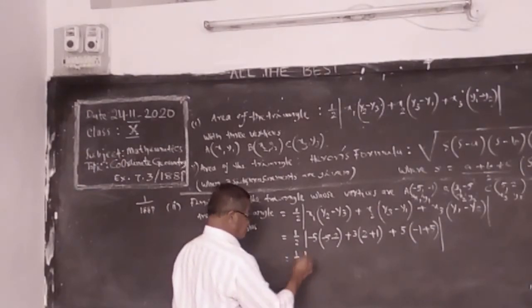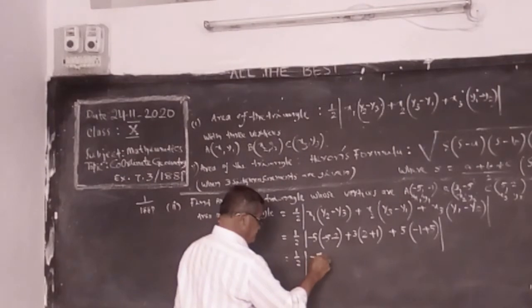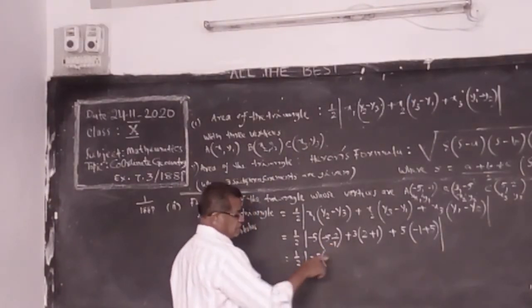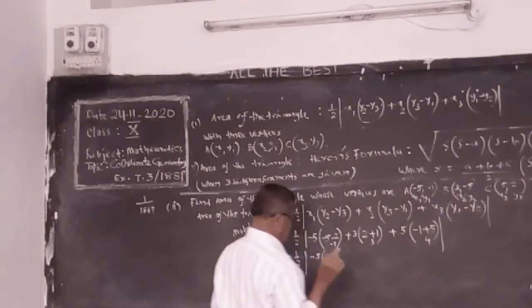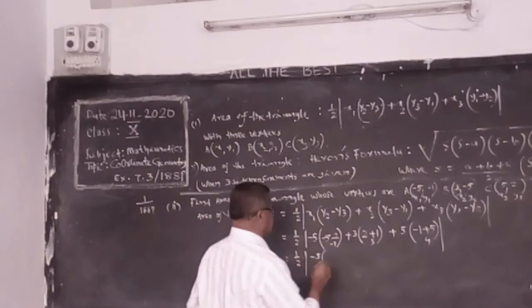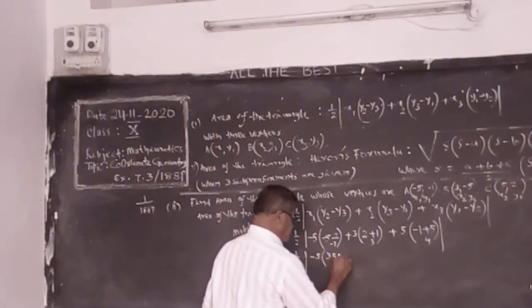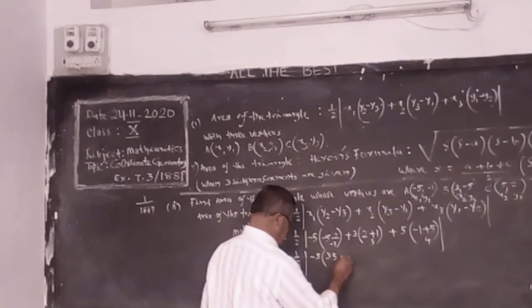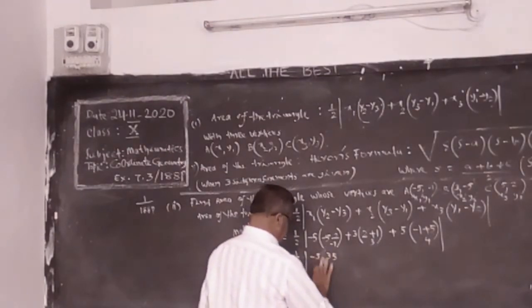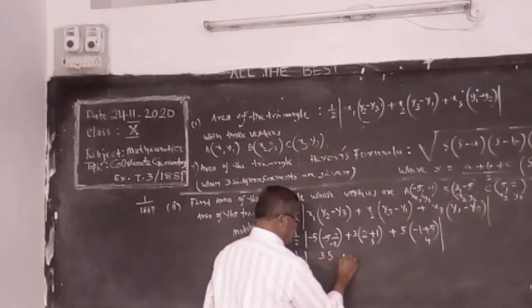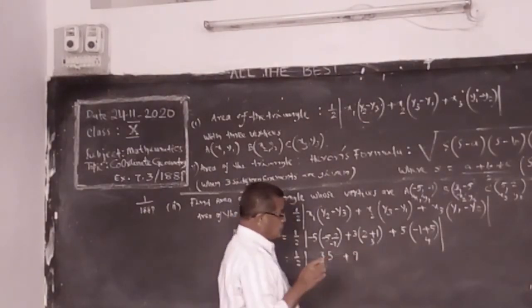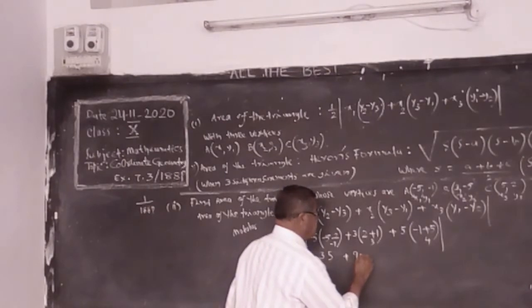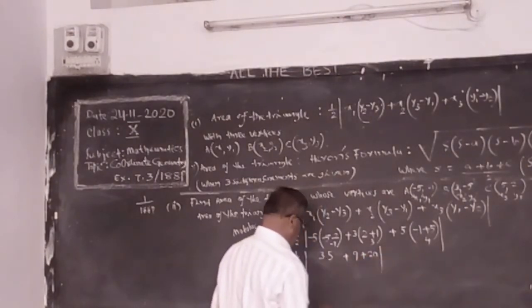Now simplify. First bracket: -5 into -7 is plus 35. Second bracket: 2 plus 1 is 3, and 3 into 3 is 9. Third bracket: 5 minus 1 is 4, and 5 into 4 is 20.